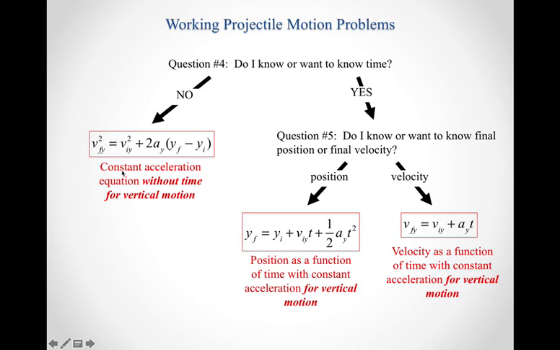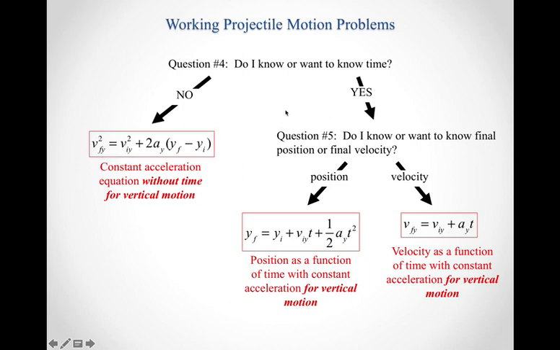And that's really a function of, do you know what's going on with enough certainty at the instant in time that you're talking about to know whether your object is traveling up or down, and then which direction did you pick to be the positive y direction. So you're responsible, if you end up using that equation to take the square root, for making sure that you get the right sign with either of those two components.